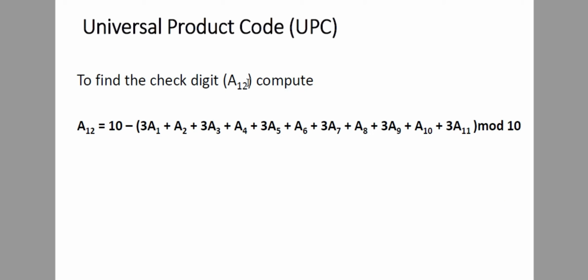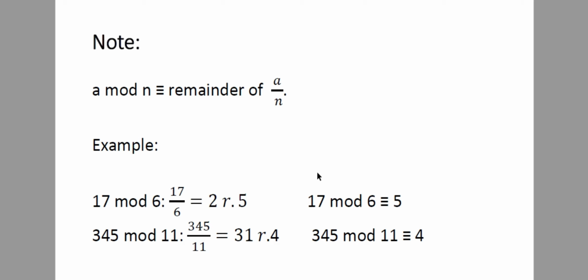Now, to solve for the check digit A12, we will need this formula. A12 is equal to 10 minus this expression, from A1 until A11 only, mod 10. By the way, for this part, take note that when we say A mod N, this is equivalent to the remainder of A over N. For example, 17 mod 6. 17 divided by 6 is 2, remainder 5.